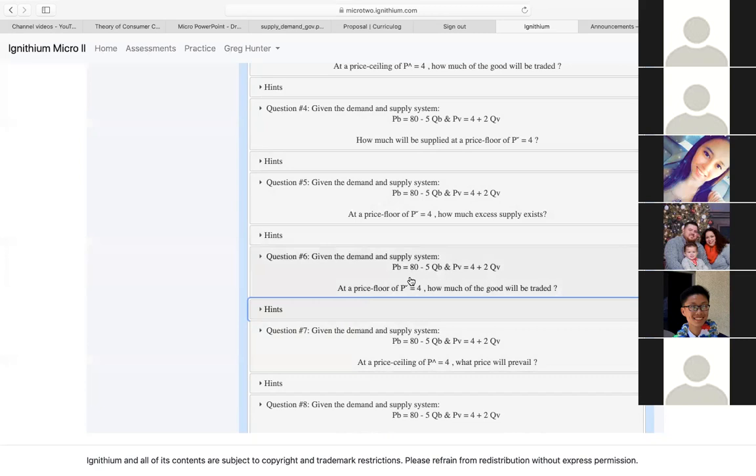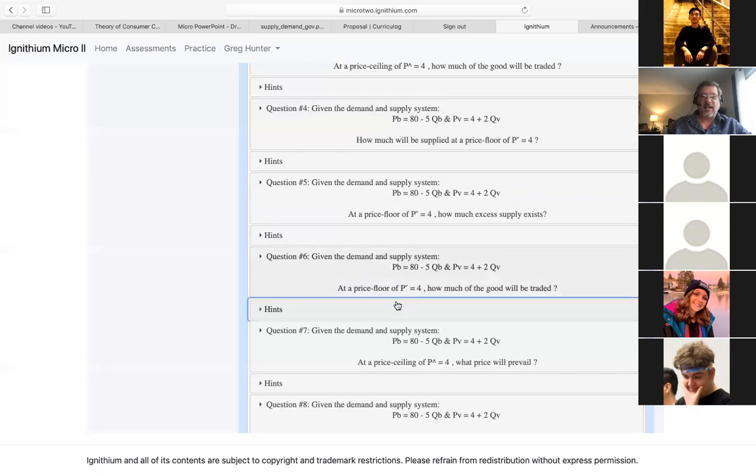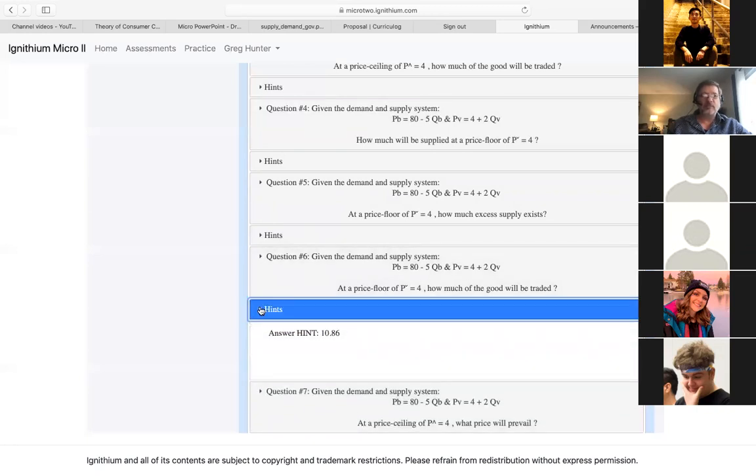For number 6, if I set those two equations equal to each other and solve for Q, I get 80 minus 4, which is 76, divided by 7 for the equilibrium quantity. That's 10.86. Can you guys see my calculator?